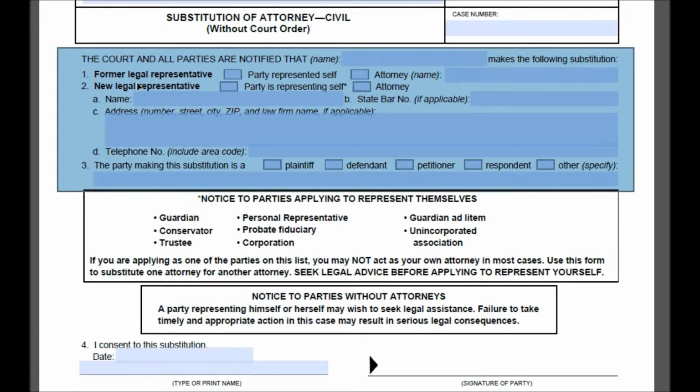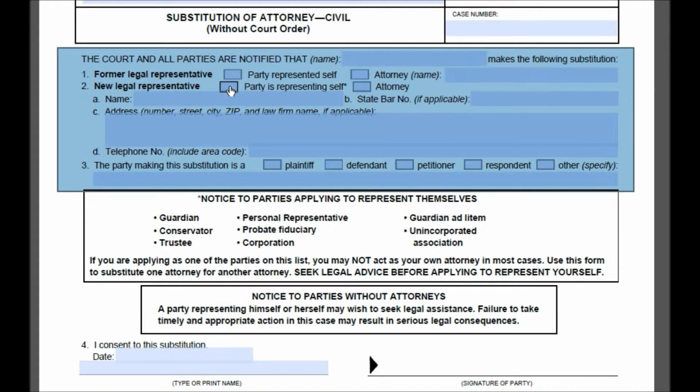Regardless of who the prior legal representative is, if it's the party themselves, then you check this box. If there was an attorney, you check this box and put whatever the attorney's name is in here. After the substitution, the new legal representative is going to be the party themselves.